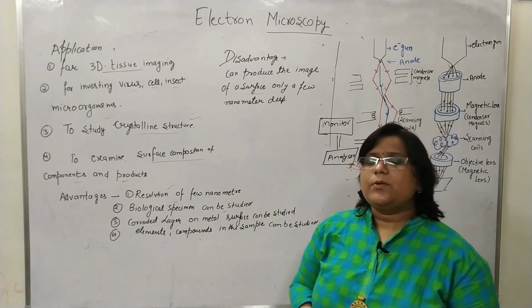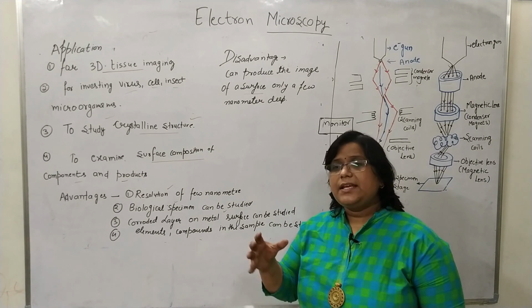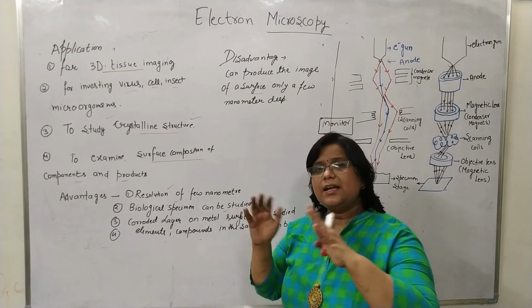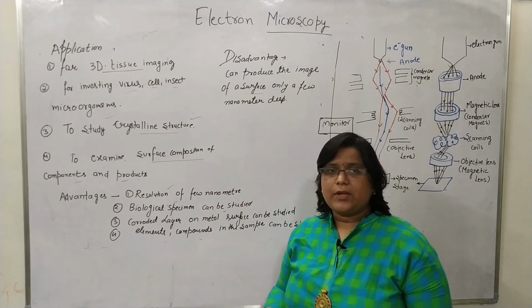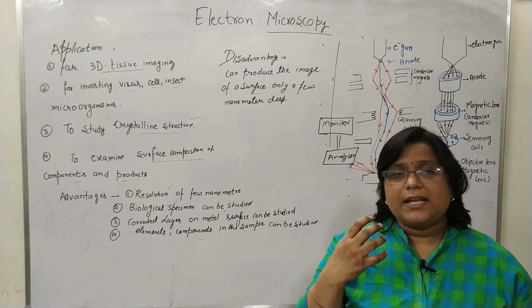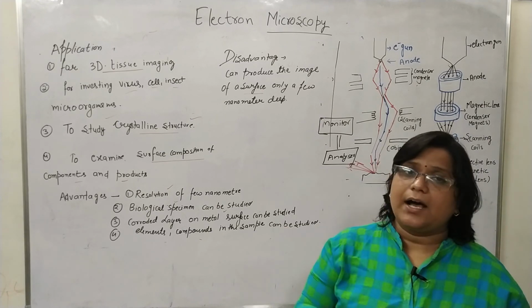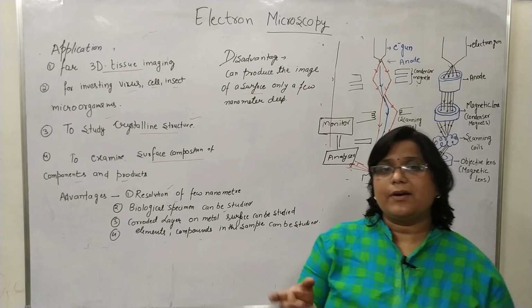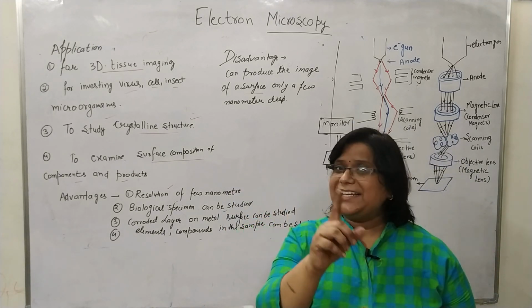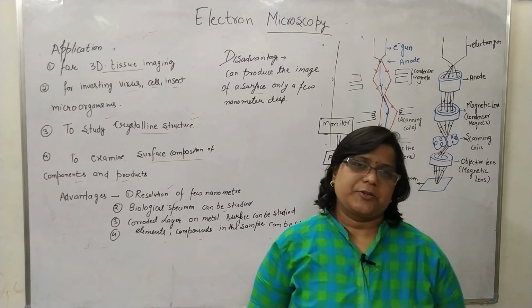Basically the scanning microscope scans the surface only. We can get an enlarged image with high resolution power, but we cannot enter into it, which we can do with the help of the transmission electron microscope.